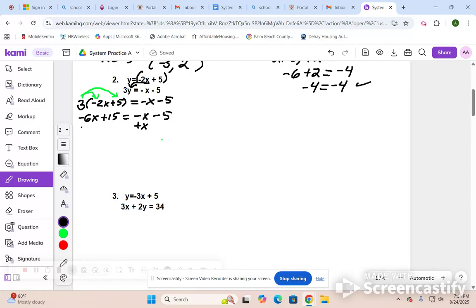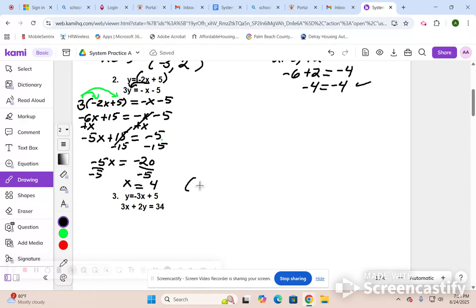Let's add x to both sides, and we'll have -5x plus 15 equals -5. Subtract 15 from both sides. Negative 20, because -5 plus -15 is -20. We're going to divide both sides by -5. So that means x is 4.